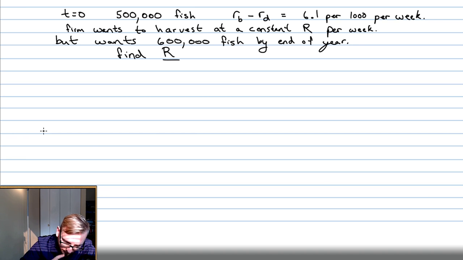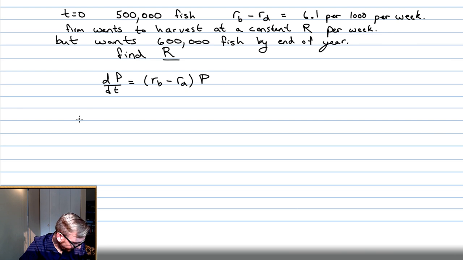So our model now is going to be dP by dt, and we've got our rate, so our birth rate minus our death rate acting on our population, plus the migration rate.